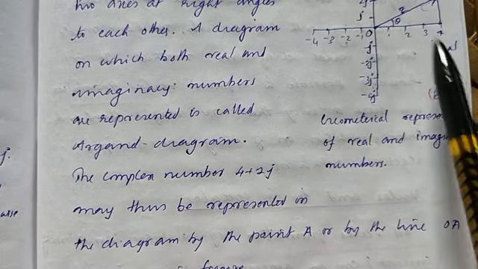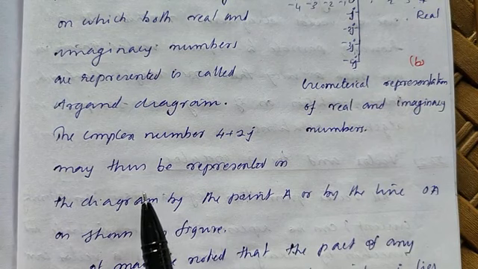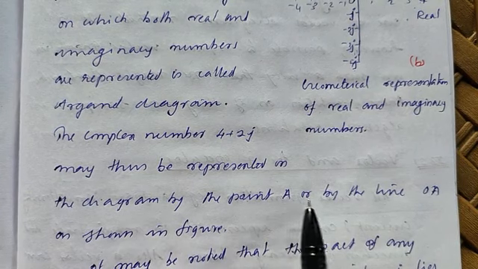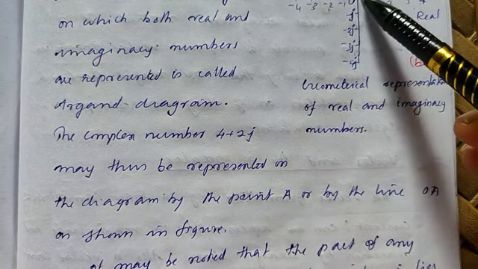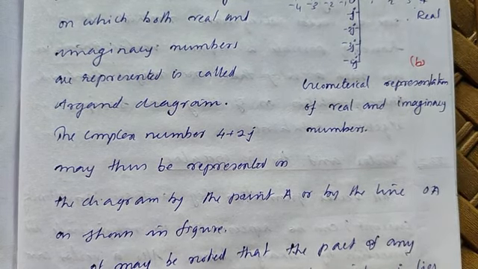For example, 4 plus 2j is represented here as I explained. So OA is the vector representing 4 plus 2j.